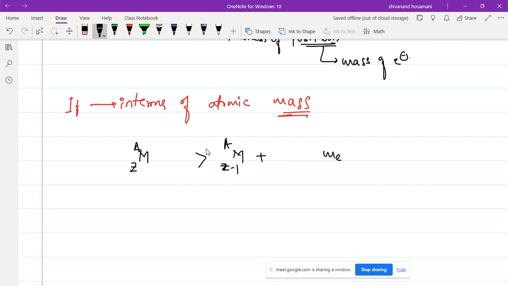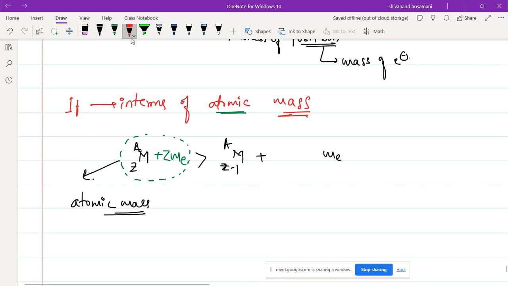Anyway, it's the mass of the positron. There is no sign convention for this particularly. So if I want to convert this to atomic mass, what should I write here? I need to add Z number of electrons to it. Then this is going to constitute the atomic mass. Atomic mass. Okay.